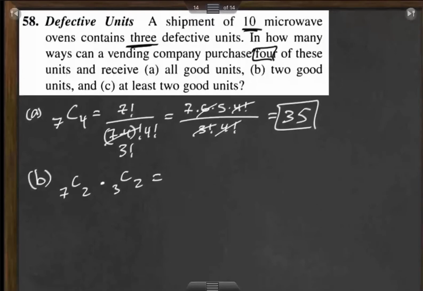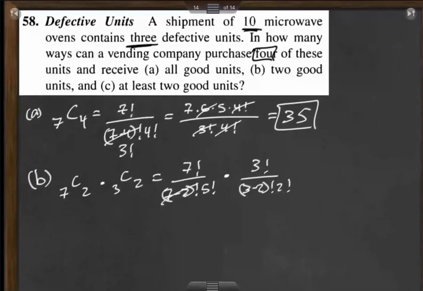So we have 7 factorial over 7 minus 2 factorial, 2 factorial, times 3 factorial over 3 minus 2 factorial, 1 factorial, 2 factorial. Oh, I messed up. This is not supposed to be 5 there. That's supposed to be 2 factorial, and this is 5 factorial.